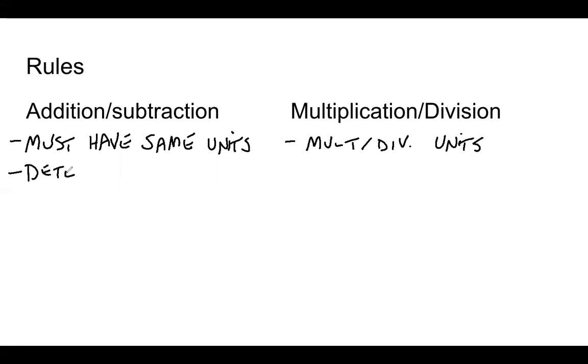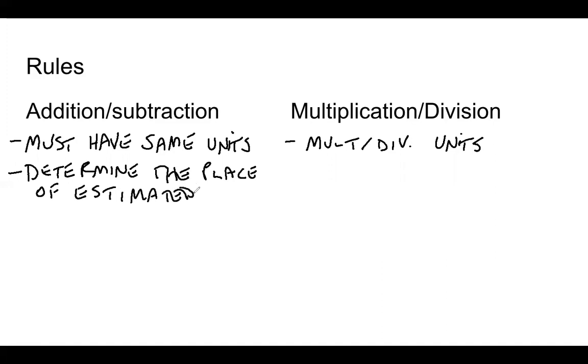We'll determine the place, as in the tens place, the ones place, the first decimal place, the second decimal place, of the estimated digit in each number that is being added or subtracted. If we have a multiplication or division, we don't.